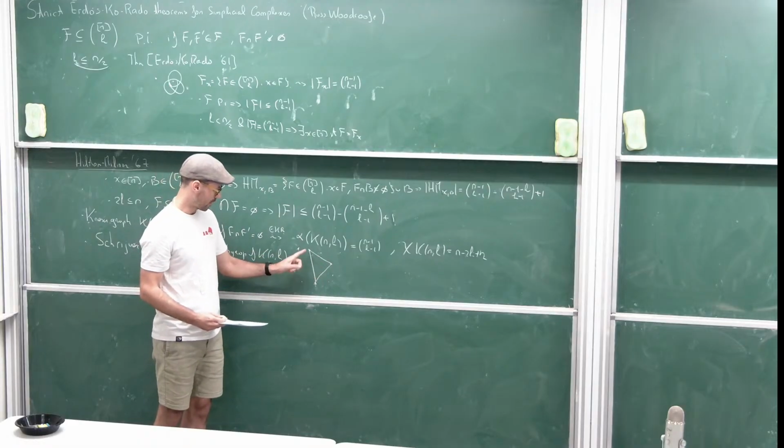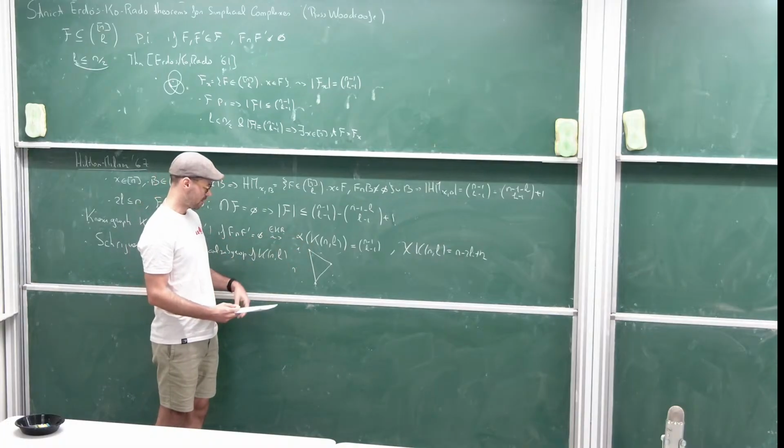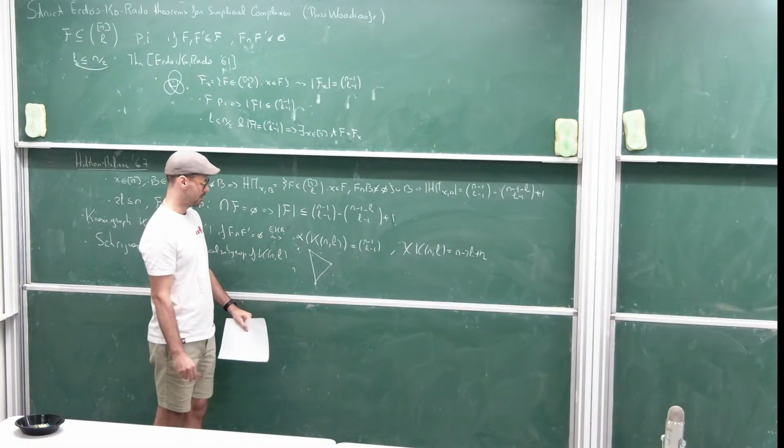If we have these K sets, we look at the induced subgraph of the Kneser graph, and we ask what are the independent sets.